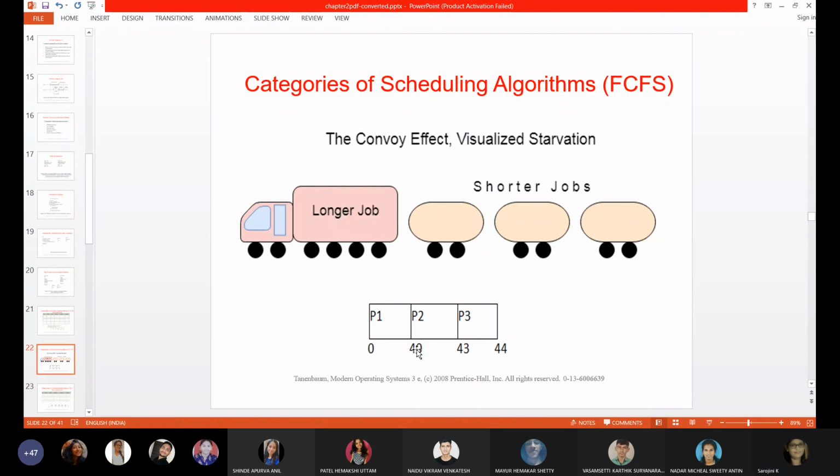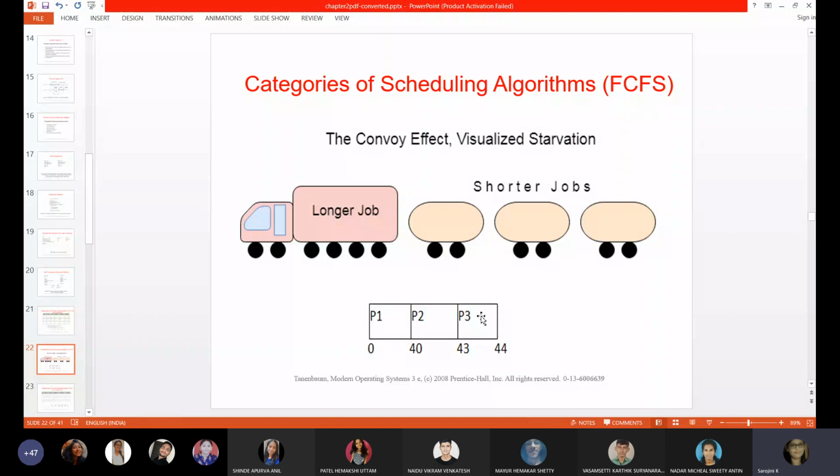Assume process P1 arrived at the 0th millisecond, process P2 arrived at 1 millisecond, and process P3 arrived at 2 milliseconds. That means immediately after process P1, processes P2 and P3 arrived.